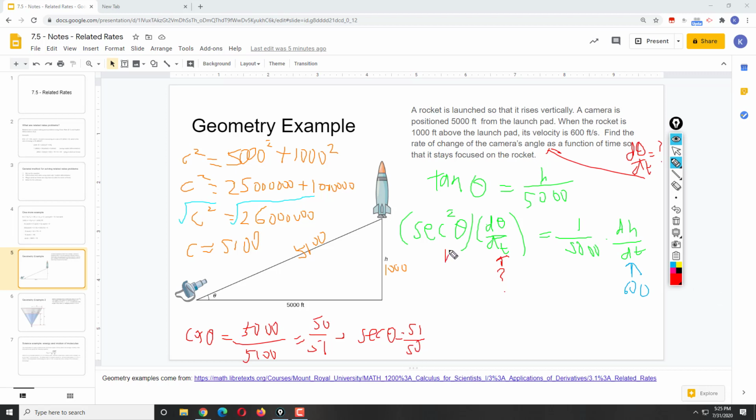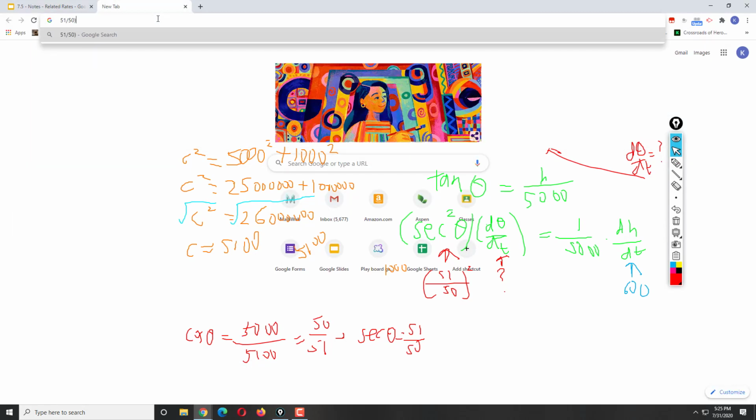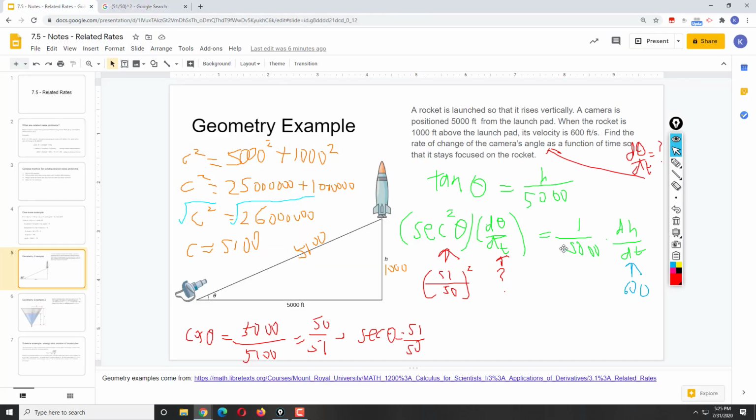Therefore, we can plug this in. This must be 51 over 50 squared. Let's go to Google. What's 51 over 50 squared? That is about 1.0404.